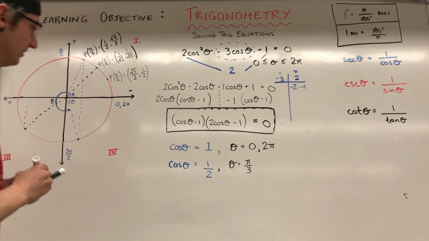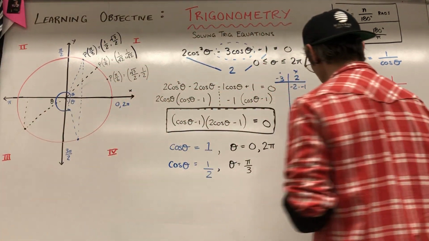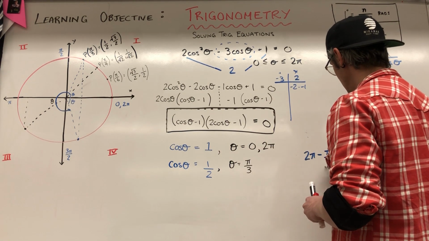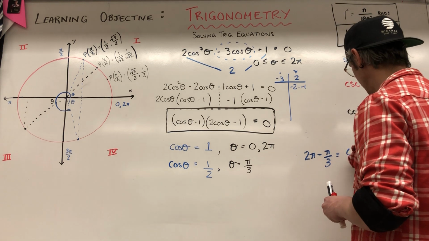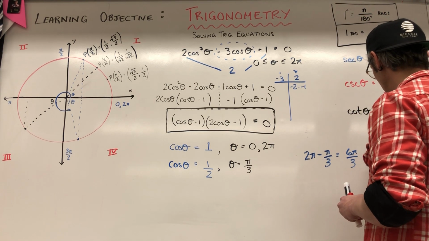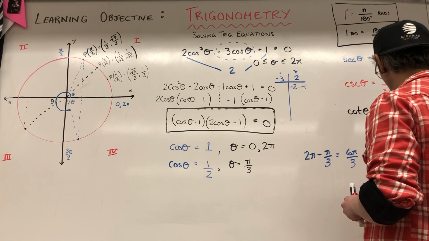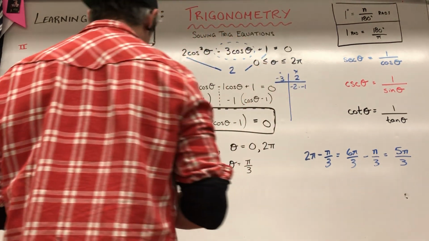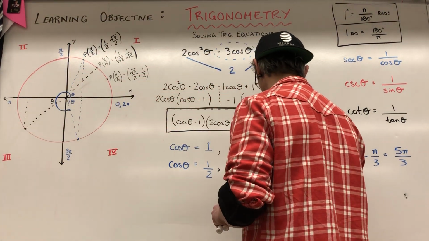So I'm going to take 2 pi, I'm going to subtract pi over 3, and I get 6 pi over 3, using the same common denominator, minus pi over 3, is equal to 5 pi over 3.